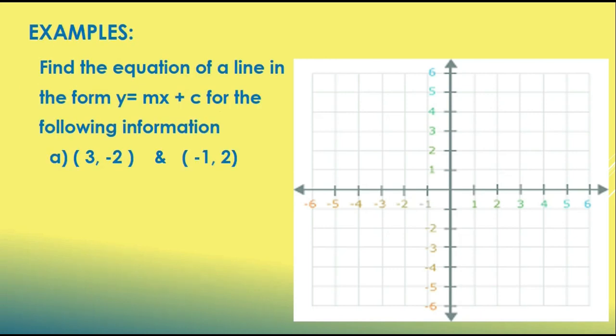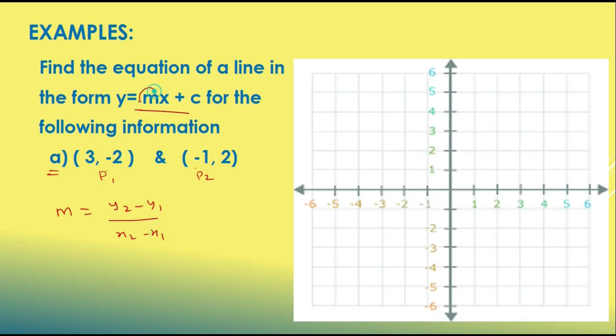Find the equation of the line in the form of y is equal to mx plus c for the following information. So when 2 points are given, number A, there are 2 points given, 3, -2 and -1, 2, point 1, point 2. You can find slope m by using the formula y2 minus y1 divided by x2 minus x1.